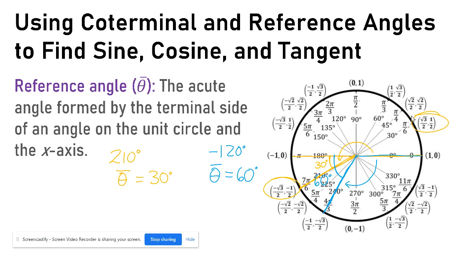Because the reference angles are acute, they always end up being in the first quadrant. So when we're working with our major angles, you're going to get 30, 45, or 60 as your reference angle. If you can memorize those three, that is a quick way to find the sine, the cosine, and the tangent of any angle that you're looking at.